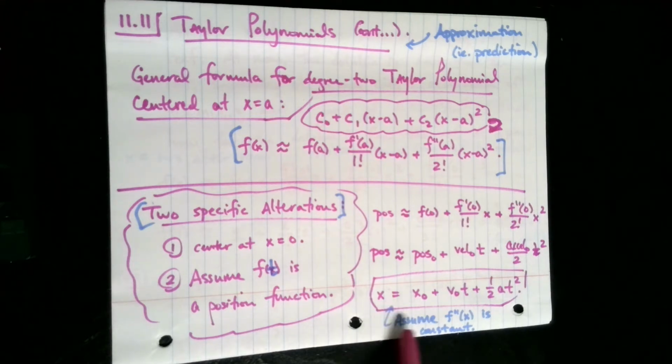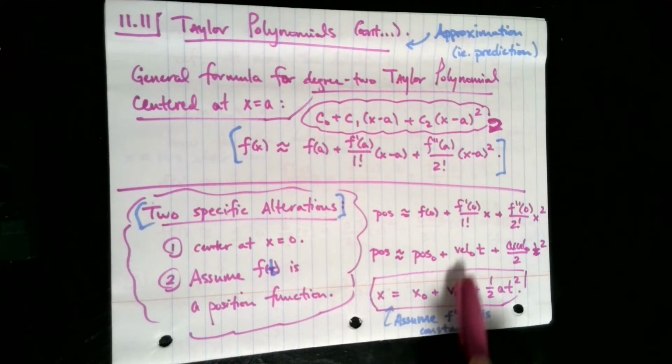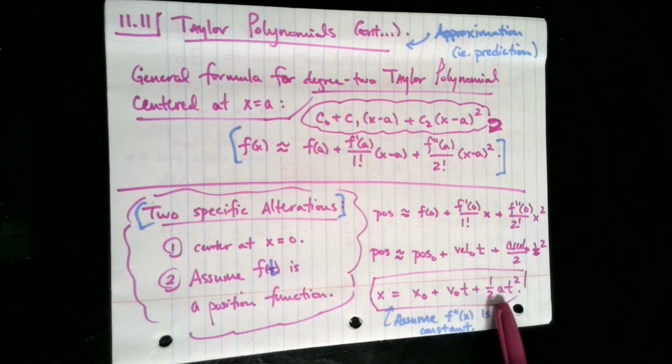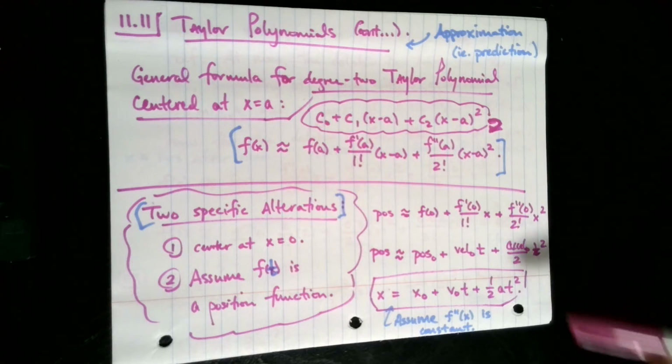If you rewrite this in different terms, frequently, at least in one-dimensional cases, we refer to the position as some position along the x-axis. X equals x naught plus v naught, that's initial velocity, times time, plus 1/2 acceleration times time squared. I don't know if you've ever taken a physics class, but this is a classic formula that is memorized in a physics class. And you can see this formula is nothing more than a degree 2 Taylor approximation of a position function.